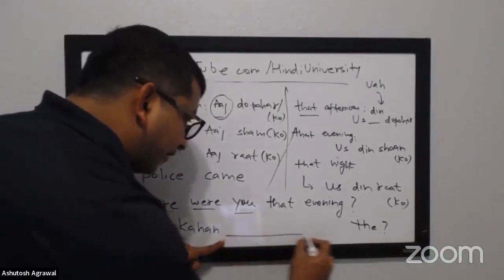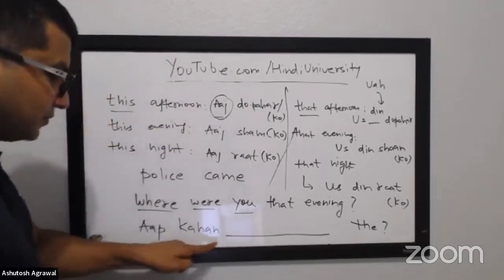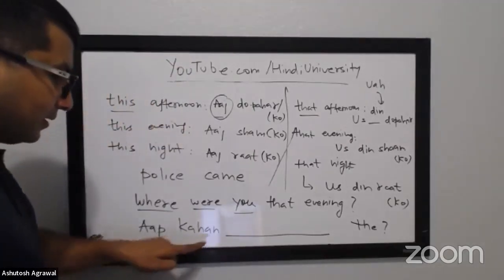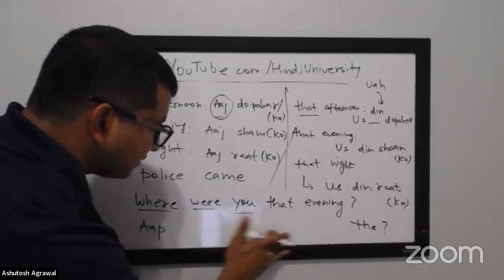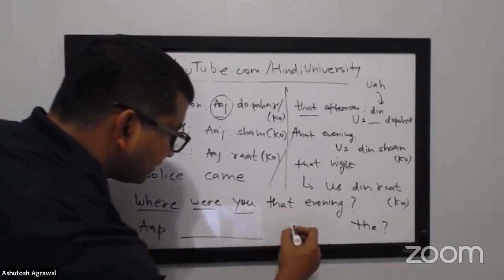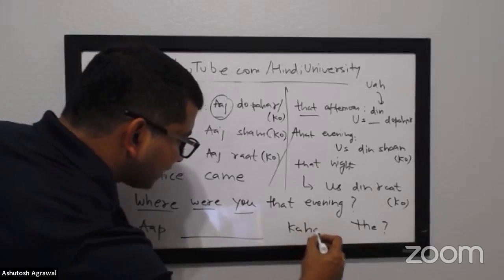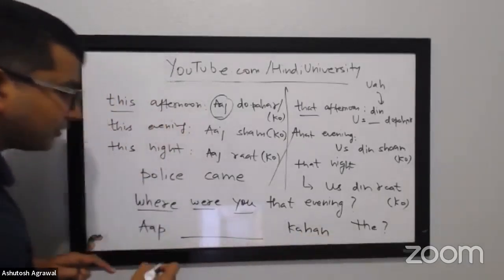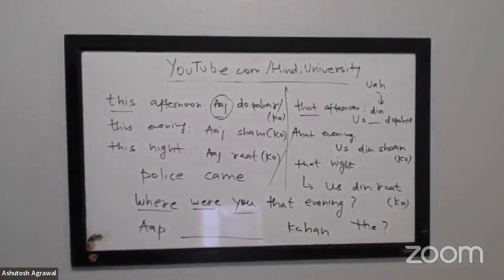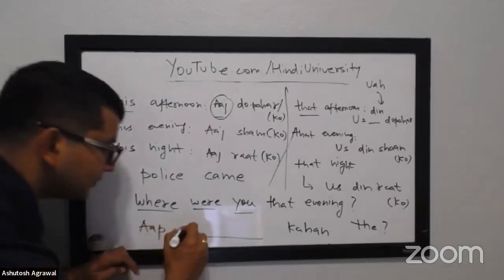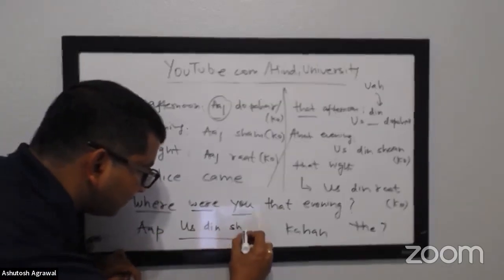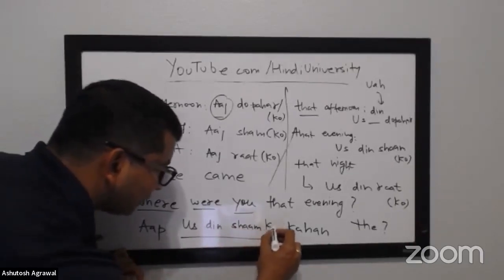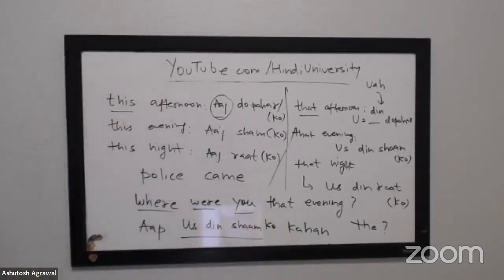Now you have been asked about time, so you will say आप, sorry, I made a mistake here. So it's आप कहाँ थे and it'll come after that, right? So try one more time. आप उस दिन शाम को कहाँ थे. आप उस दिन शाम को कहाँ थे.